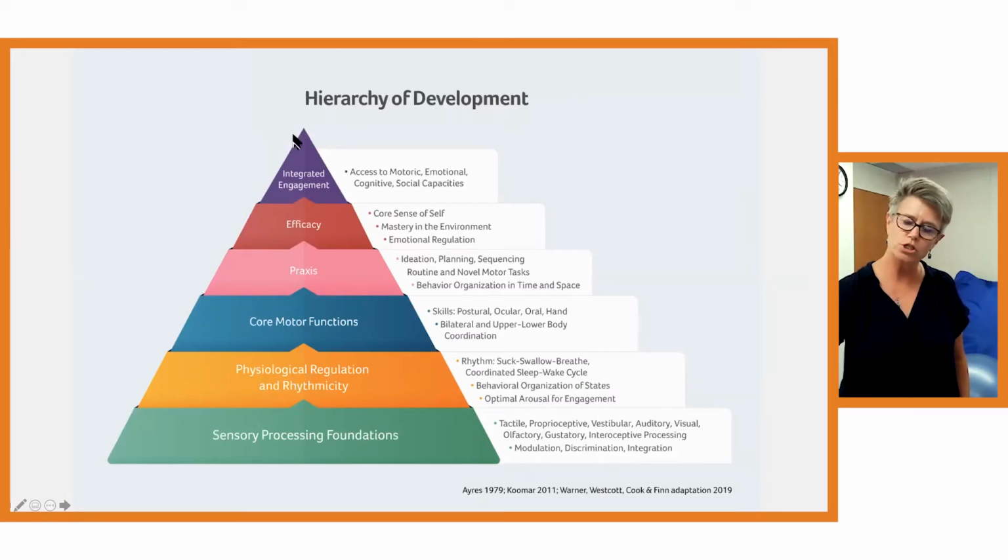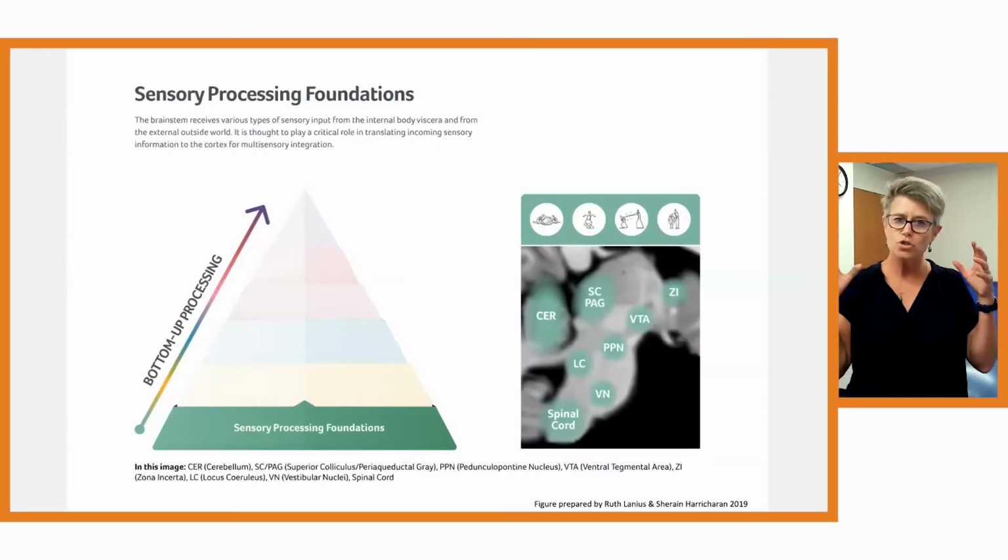Because as we're starting to learn more from neuroscientists, it's really an integrated flow, bottom up and top down, that's necessary for achieving your highest functioning capacity, for children and adults.